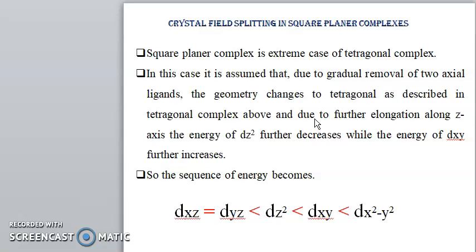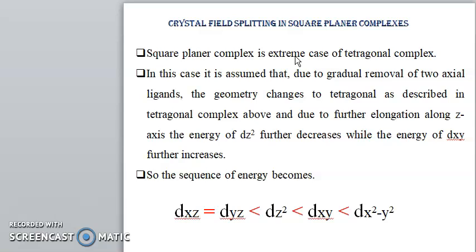These we have seen in different geometries. You know very well the geometries of various compounds, so we have to discuss the splitting of d orbitals in various geometries. Now, the square planar complex. A square planar complex is an extreme case of a tetragonal complex.